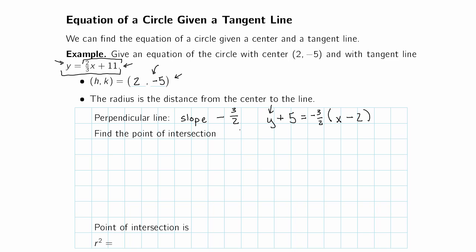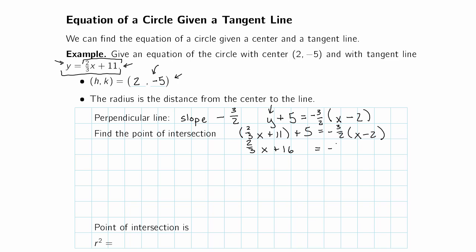And we'll have 2/3 x plus 11 plus 5 equals -3/2 (x minus 2). On the left, these parentheses aren't doing anything. We'll just add these numbers together: 2/3 x plus 16.